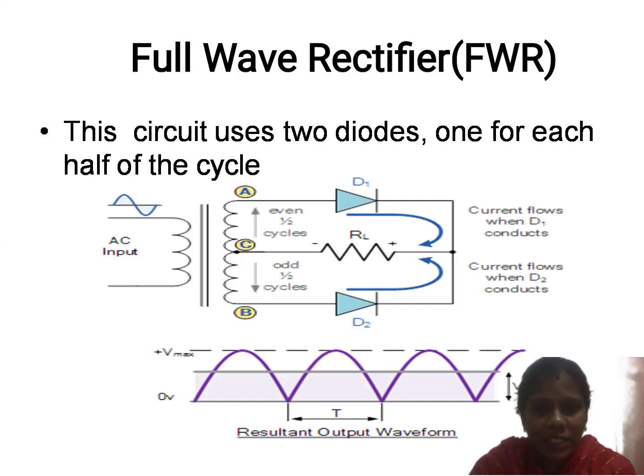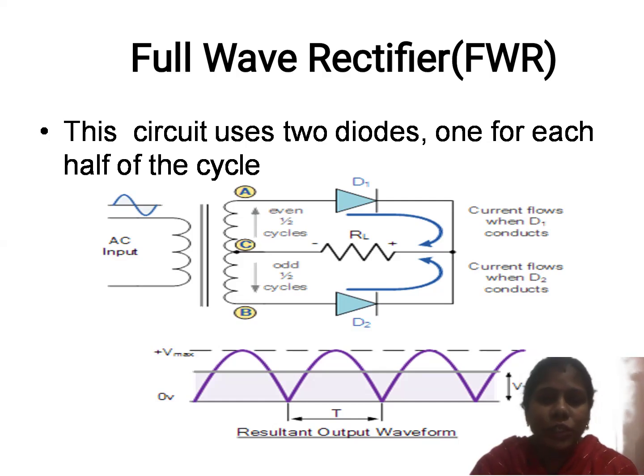When diode D1 is reverse biased, it can be replaced by an open circuit, and whenever D2 is forward biased, it can be replaced by a short circuit. When it acts as a short circuit, the output signal flows through RL in the same direction, from plus to minus only.